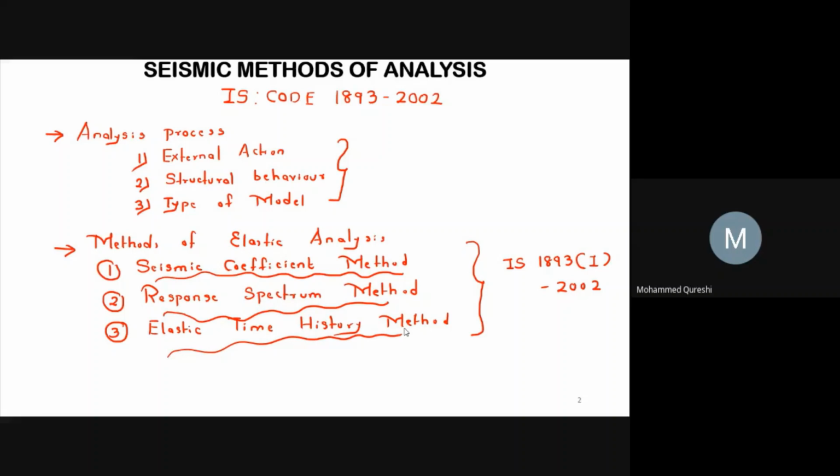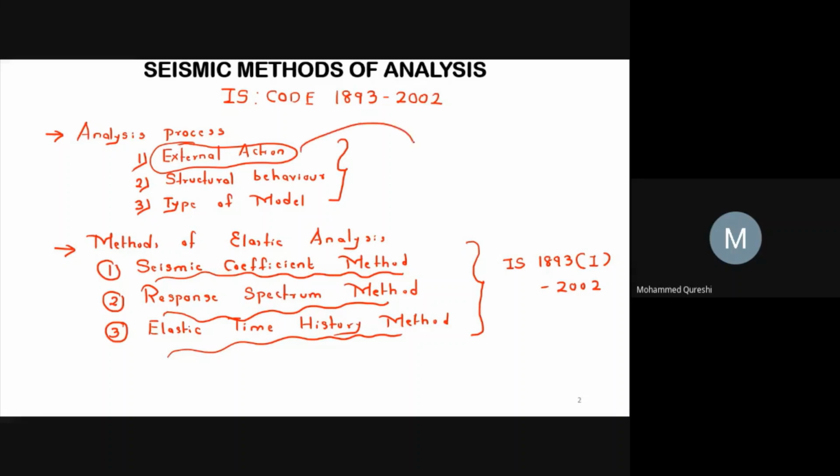The significant difference between linear static and linear dynamic analysis is the effect of external action. The difference is nothing but the level of force and their distribution along the height of the structure.